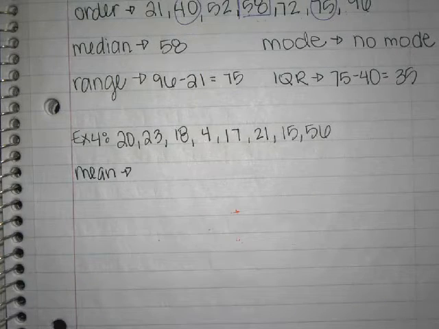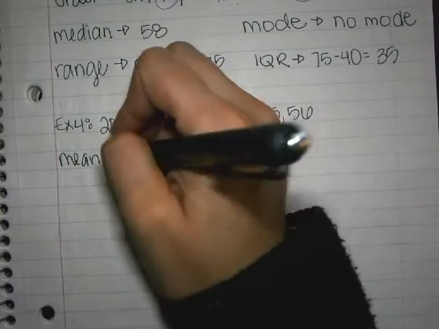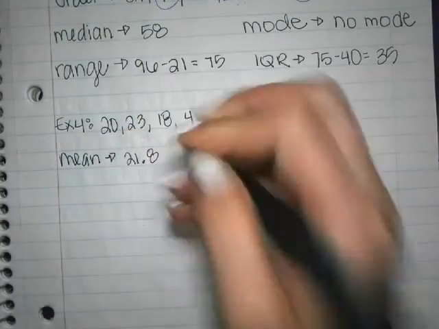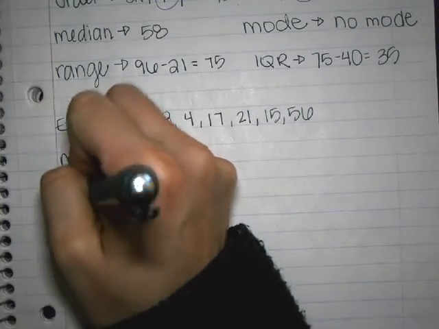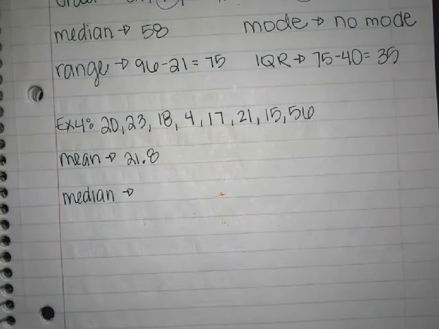Okay, the mean. What did you tell me the answer to the mean was? 21.8. 21.8 is correct. Nicely done. Median. What did you tell me the median was?